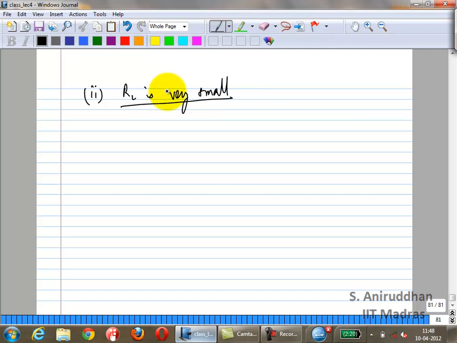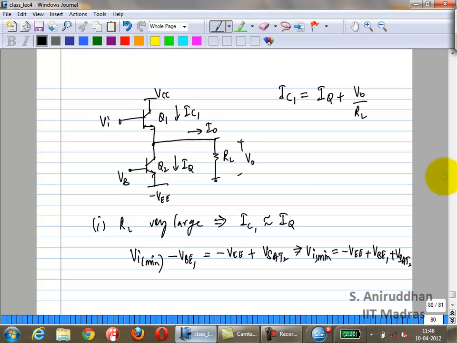When RL is very small, I out can actually become very large. Correct? I out can become very large. And remember, now V out is negative. So you actually have current flowing like this, out of the load into the ground through Q2.